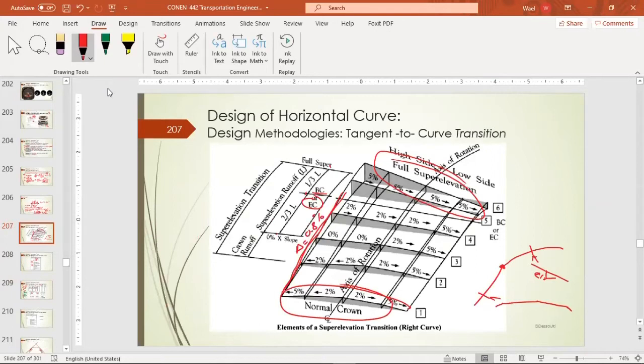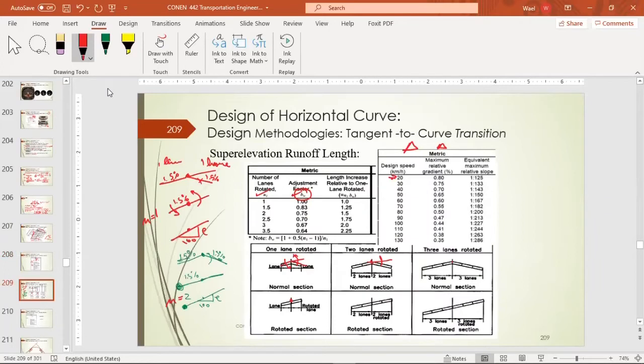That means every 100 meters, we can go up 80 centimeters, or 0.8 meter. For a design speed of 90 kilometers per hour, this should be 0.47. For 120, it should be 0.38. As you can see, the higher the speed, the lower the delta. Why? In order for the drivers to feel a comfortable transition. Any questions so far?